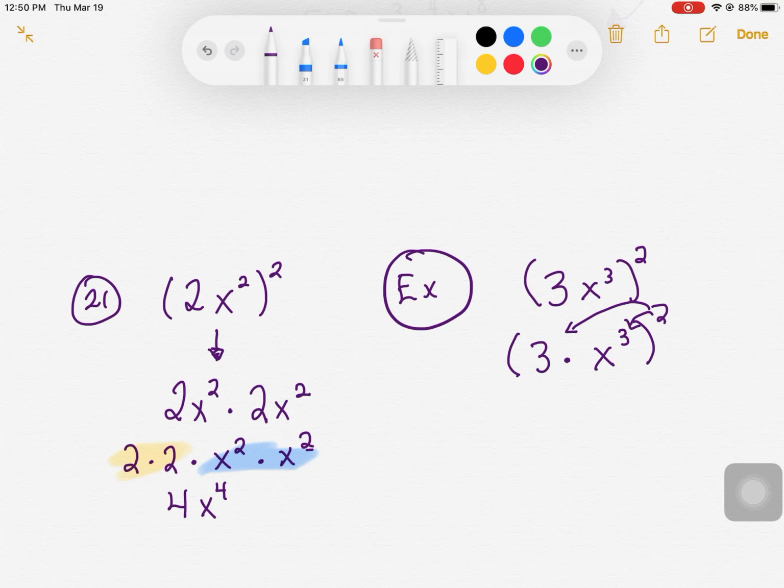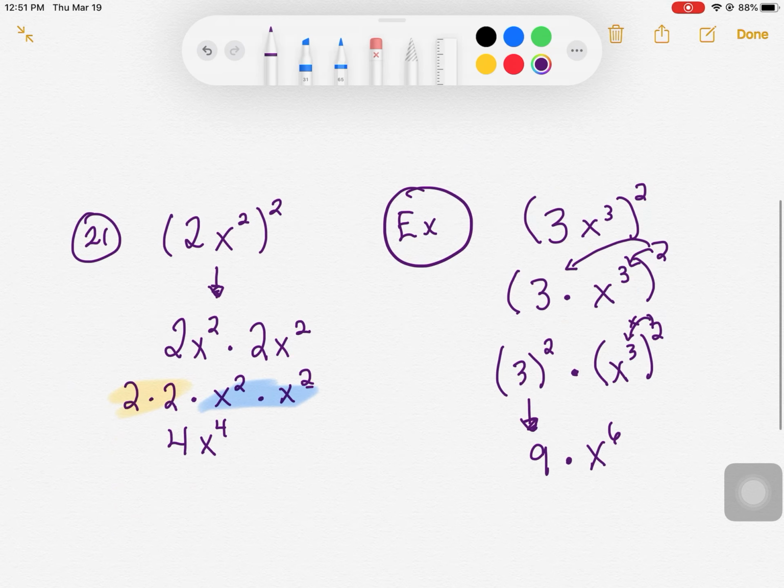Each of these things has to get squared. So it's like saying you have 3 squared times x to the third squared. Well, 3 squared is easy enough. That's just 9. And x to the third, there was that property that says really all we need to do is multiply those two exponents, so it would become x to the sixth.